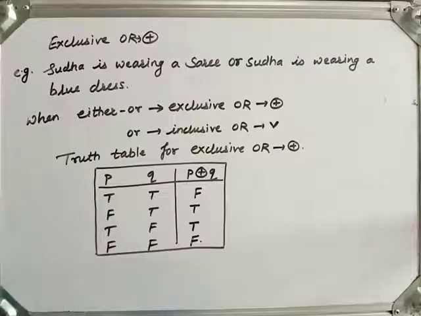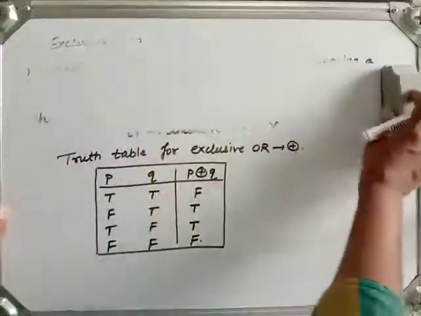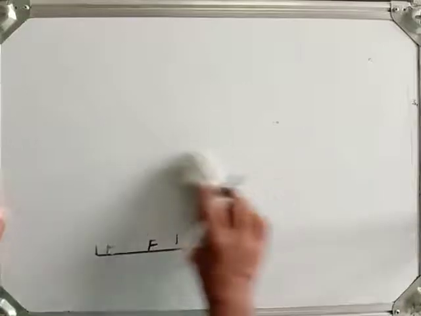Now let me write the definition of propositional form: an assertion which contains at least one propositional variable. What are the propositional variables? Just like here we have taken P, Q, these are the propositional variables.